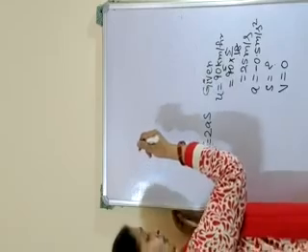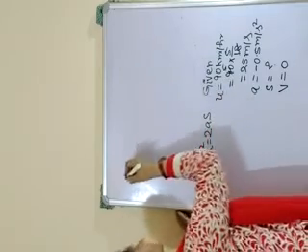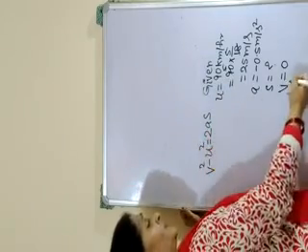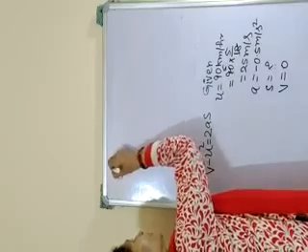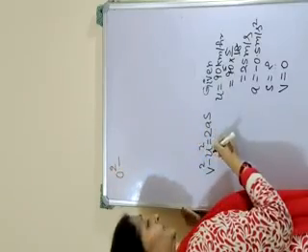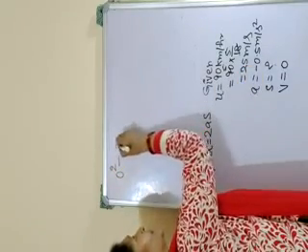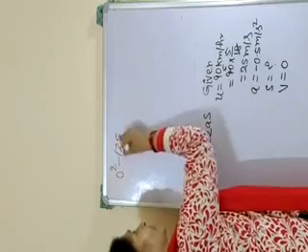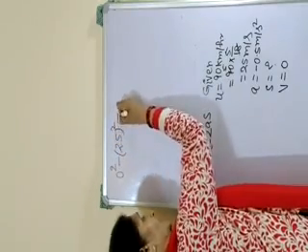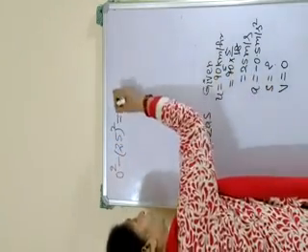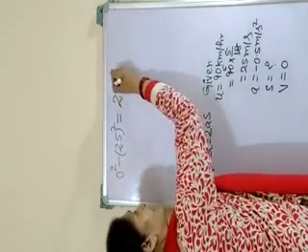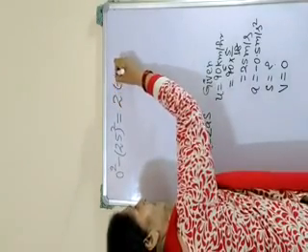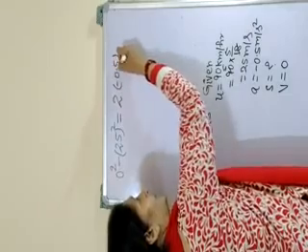Now put the values. Final velocity is 0. 0 square minus initial velocity 25 square is equal to 2 into acceleration minus 0.5 into s.